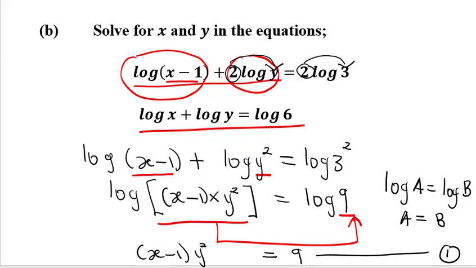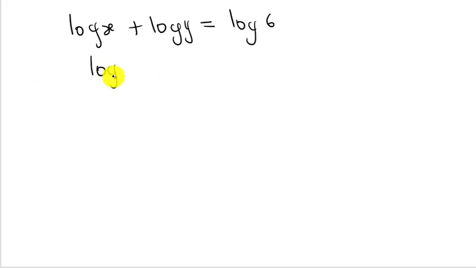Okay, so that is going to give us log x plus log y, and this will be equal to log 6. So combining the two will give us log of xy, because the x and the y are going to multiply, since the sign between them was addition.